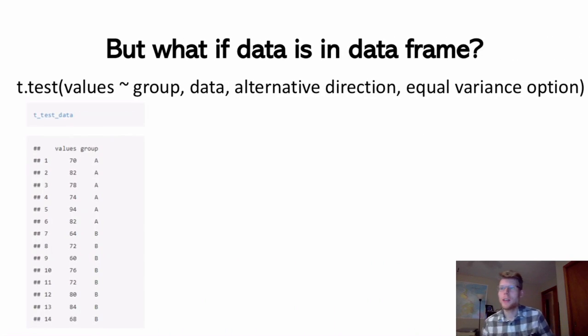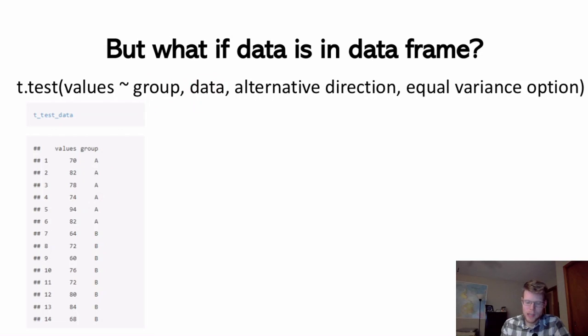Now, if your data is already in a data frame, so let's just say that I don't have 2 vectors, this is another common setup for the t-test code, and that is to identify your numeric variable, tilde, your grouping variable. So whichever variable your values are in would go first, tilde, and then your group name variable would go second.